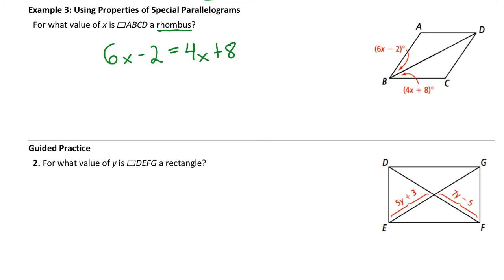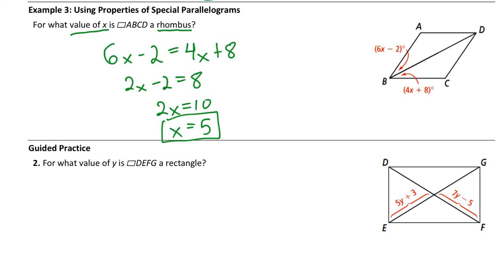So that angle B is getting bisected, which means each part is equivalent. To solve that, subtract 4x from both sides, 2x minus 2 equals 8, 2x equals 10, x equals 5. And since I was just asking for the value of x, x equals 5 is fine.